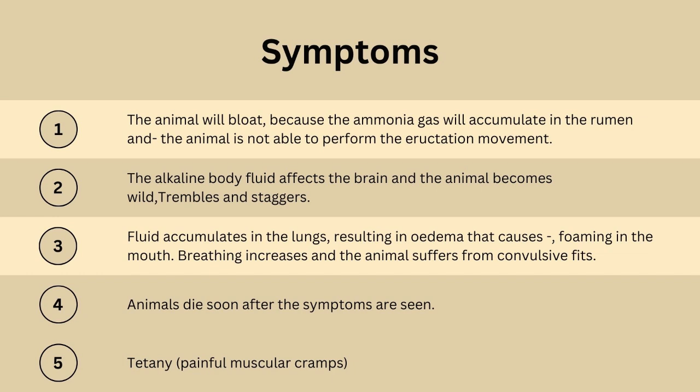Fluid accumulates in the lungs, resulting in edema that causes foaming in the mouth. Breathing increases and the animal suffers from convulsive fits. Animals die soon after the symptoms are seen. Tetany, painful muscular cramps.